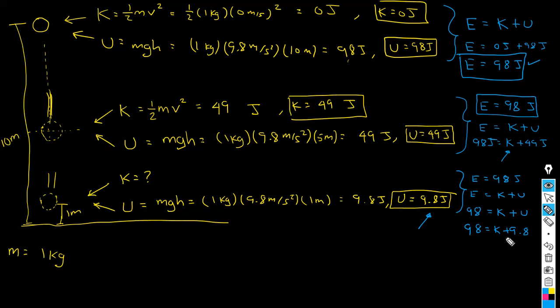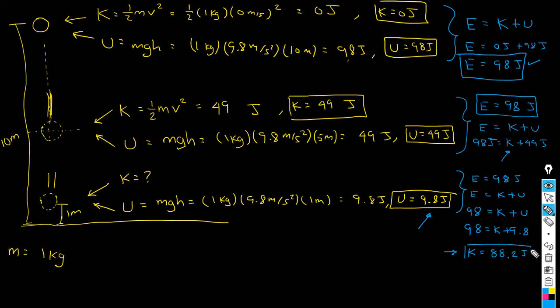9.8. And as you can see, we discovered this equation which only has K as a variable, and we can isolate it. So let's isolate it. What do we get? Do it. What you should get is 88.2 joules.